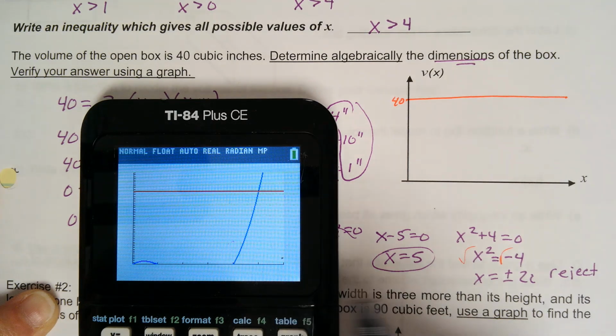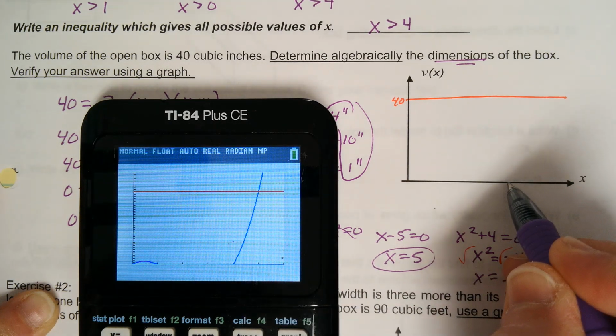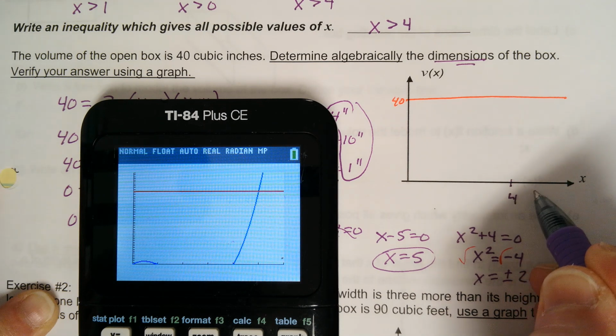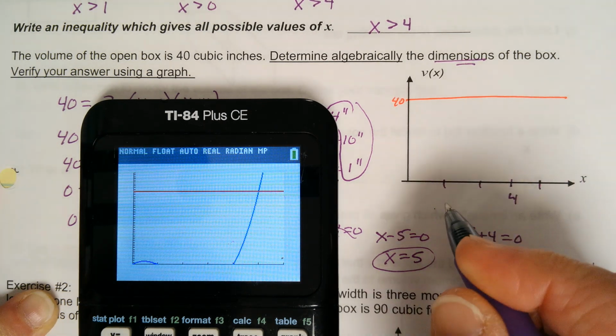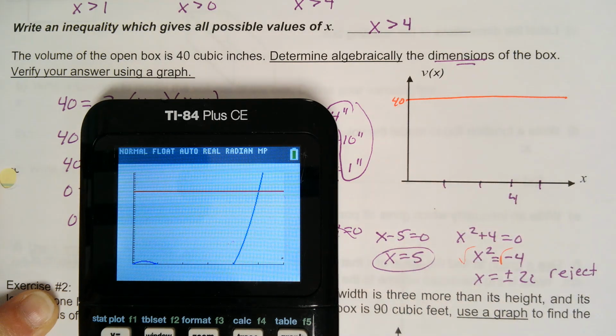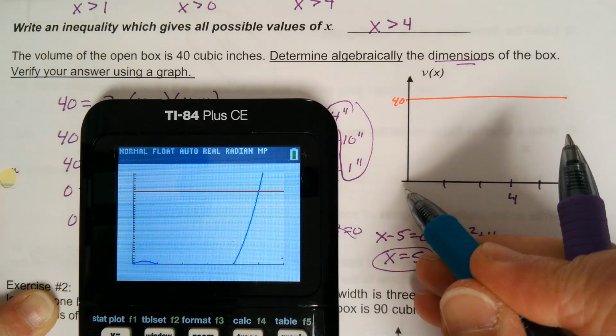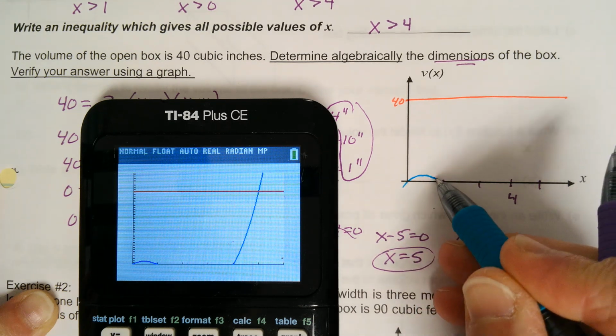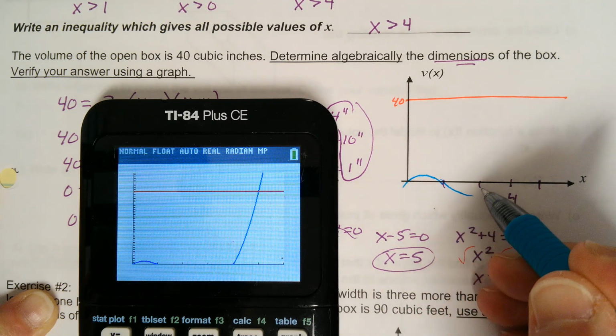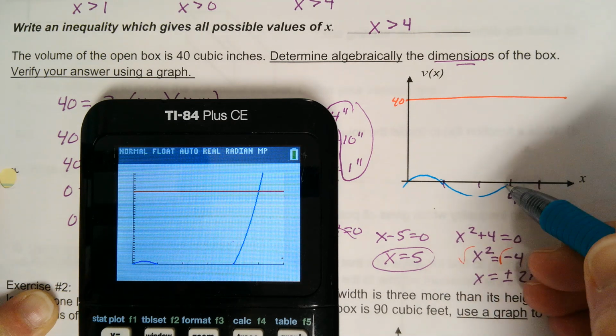And this was 6, so this is about 4. So what we have here looks something like this. Let's back up at 4.